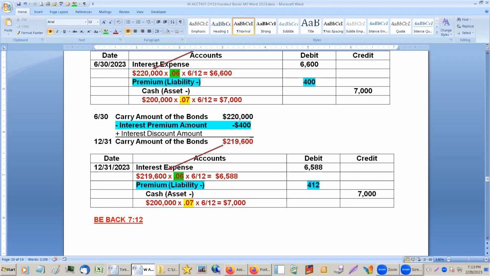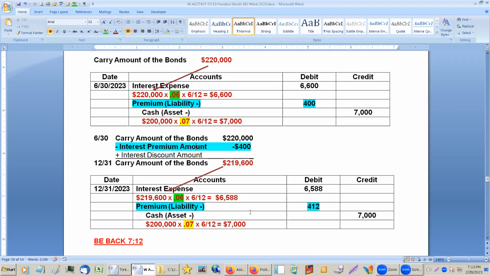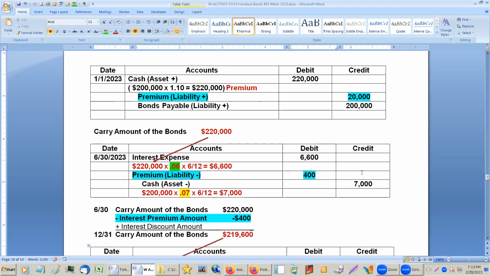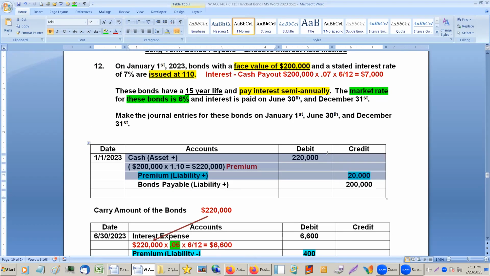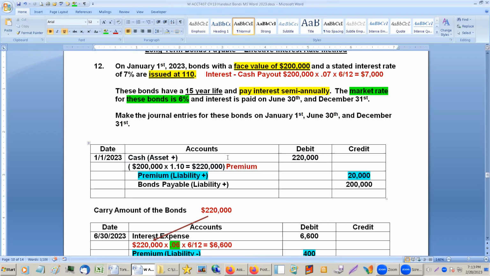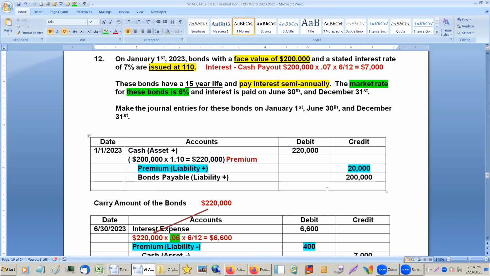This is just going to keep going down and down, and this premium is going to go down to zero. Eventually, that'll be all that's left, the bonds payable of 200,000, and that's when they'll pay it off, at the end of the term. In what, 15 years, I guess? 15 years. They'll pay it off, and that premium will be completely gone.